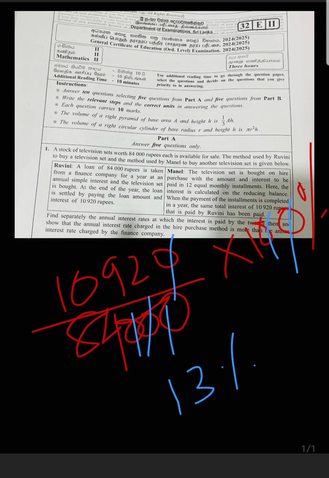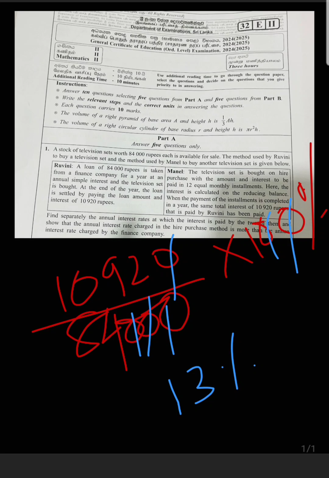So here for the case of Ruvini, we can say her interest rate for the year, it means the annual interest rate, is 30.